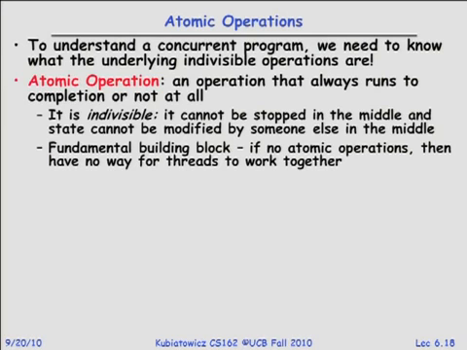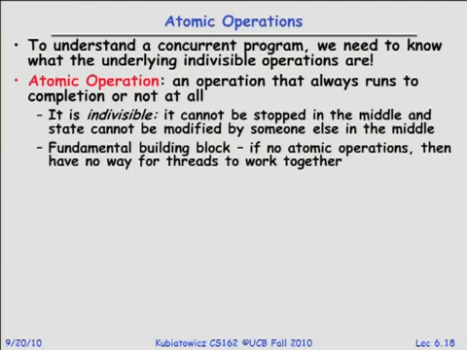A good example of what we'd like to be atomic is what we were given previously in that bank example, the load, modify, store. We'd like that to be an atomic operation so that there's no way to get any interleaving there. If we could make that load, modify, store be atomic, then we don't have the problem of things not quite working properly. Okay, is everybody with me on that?